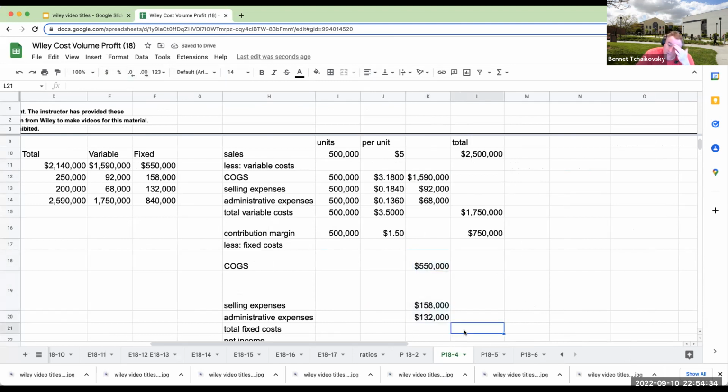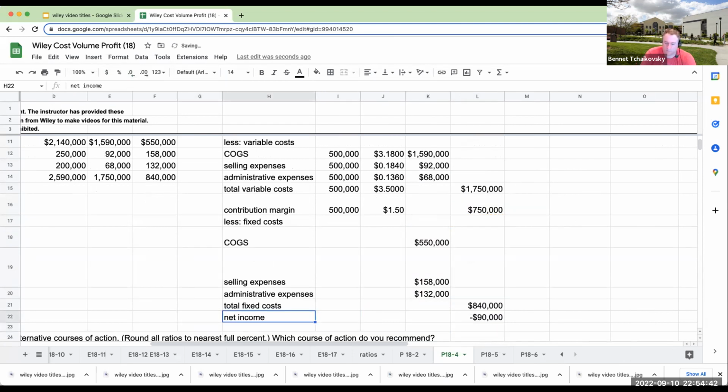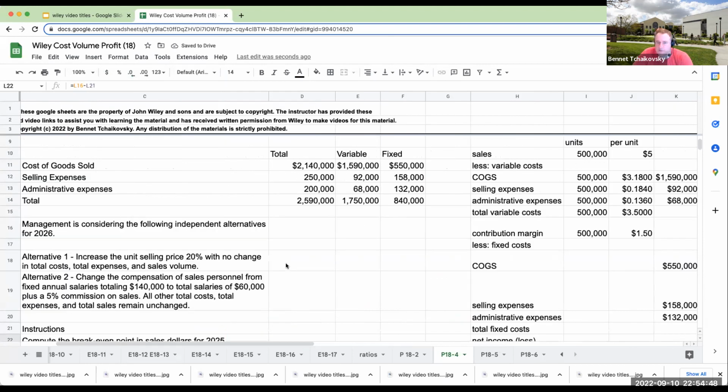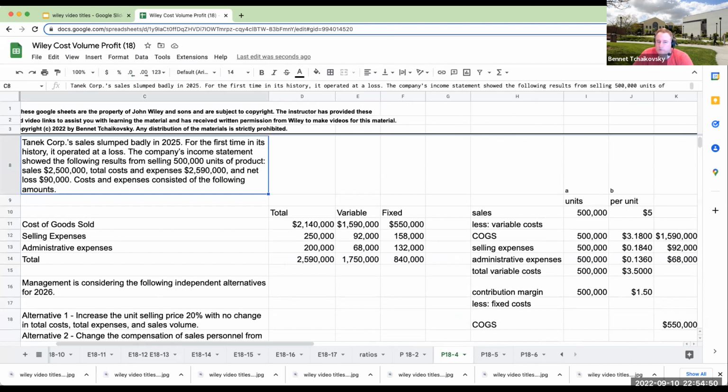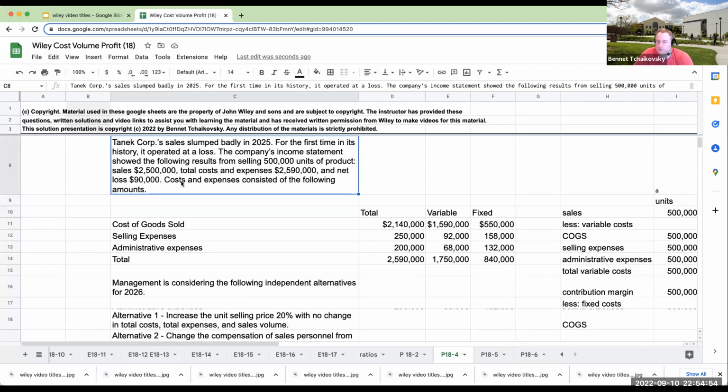My total fixed costs are going to be 840,000. So my net loss is going to be $90,000. All of what I just did is what the problem actually told me, so this is all coming from the question. I didn't really solve anything yet.